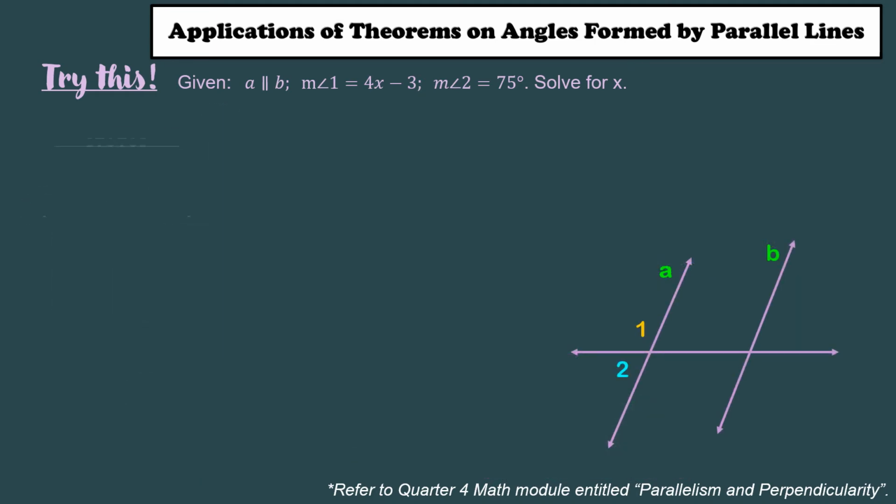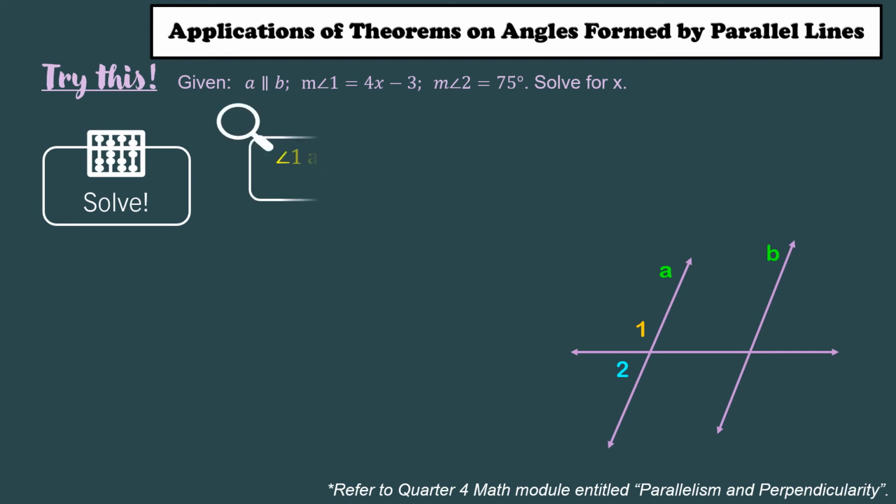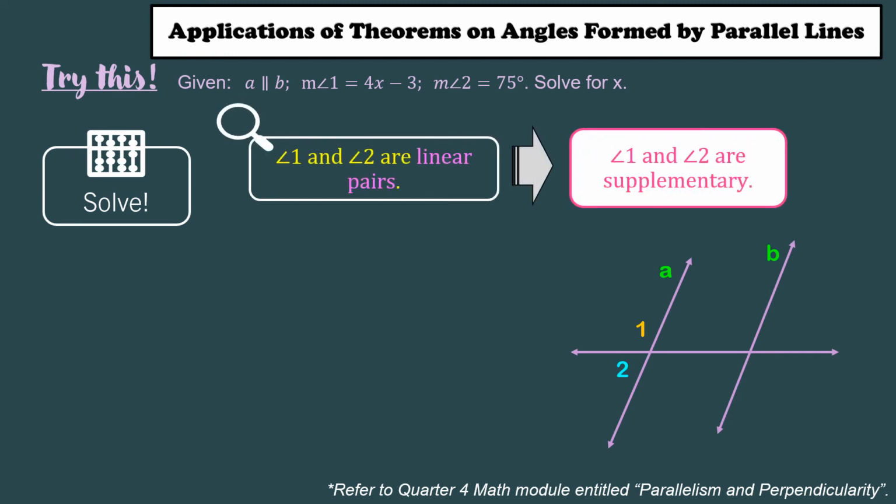Let us solve. From our previous conclusion that angles 1 and 2 are linear pairs, and thus are supplementary to each other, we can translate that idea to an equation: the measure of angle 1 plus the measure of angle 2 is equal to 180.